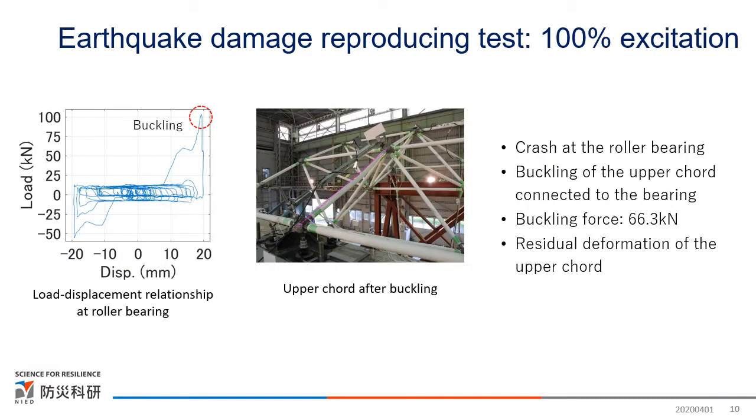In the 100% seismic excitation case, a crash at the roller bearing and buckling of the truss upper chord were observed. In the right figure, you can see the residual deformation. The buckling load is estimated as 66.3 kN from the measurement.